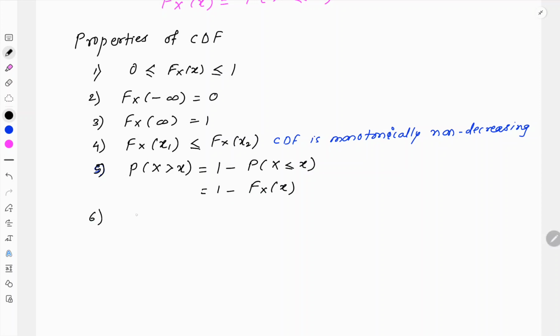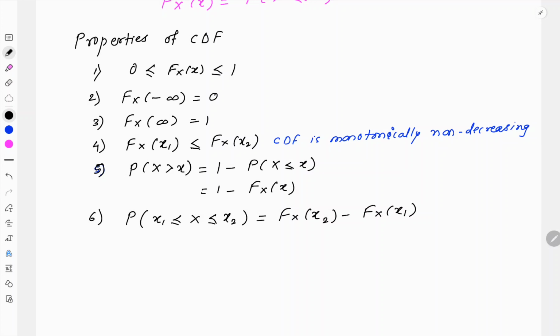Next property is, if you want to find out the probability of a random variable between x1 and x2, this can be obtained as CDF of the higher value, that is x2, minus CDF of x1.